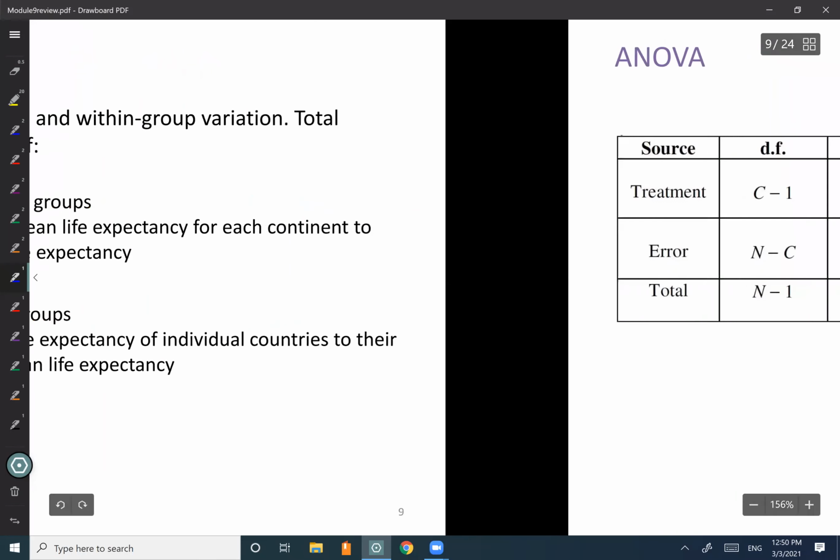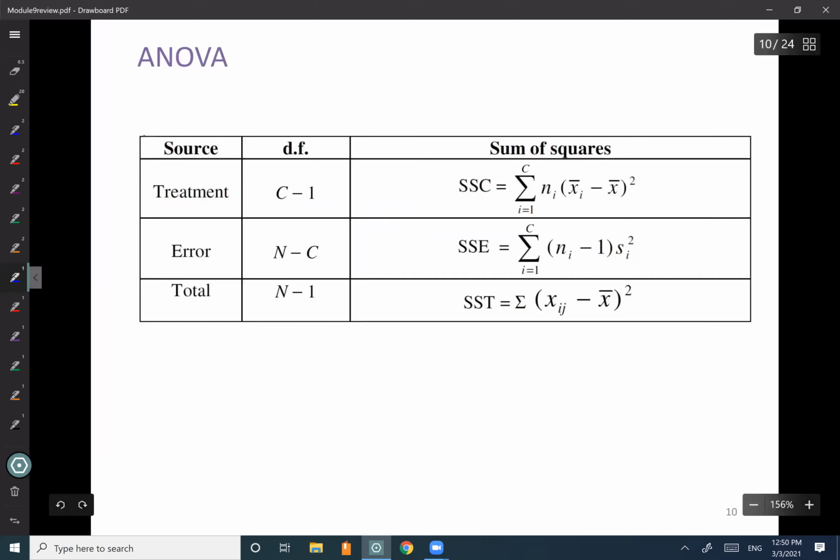And how do we calculate those variabilities? We have our sources of variation. This would be between the groups, or treatments. And the error is also the within: the variability within the groups, which we also call the error.